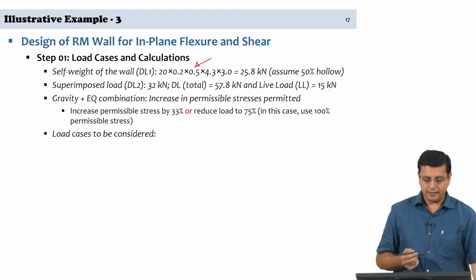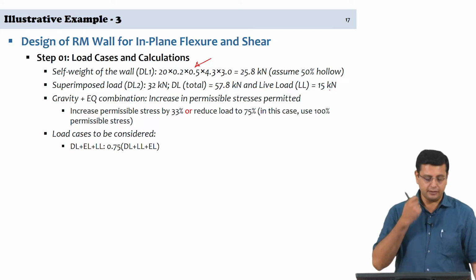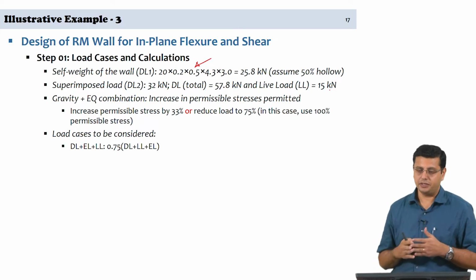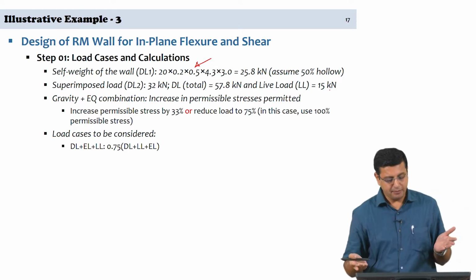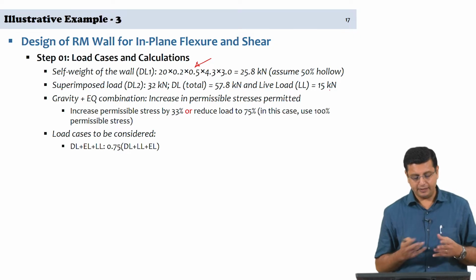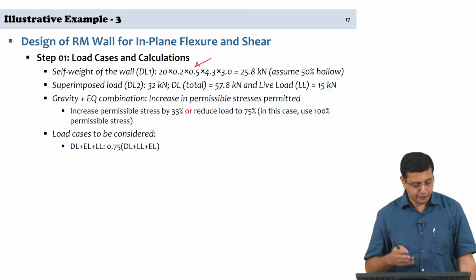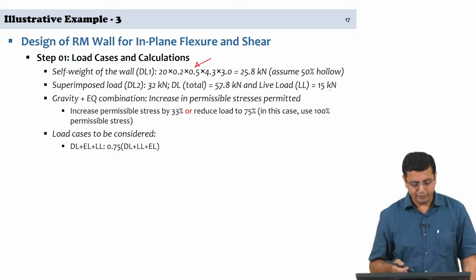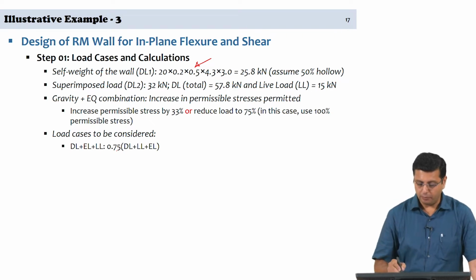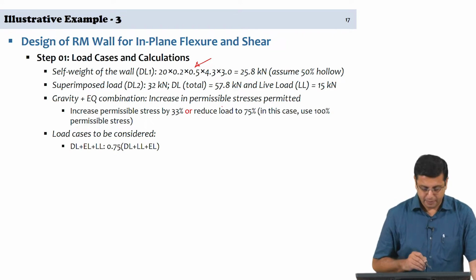What are the load cases we can consider? Typically, these are the two load cases that we should consider. One is a situation where you have the dead load, you have the beneficial effect of the live load, and you have the earthquake load. So, it is the gravity plus earthquake combination, including the positive effect of live load, and we are taking 75% of the load because of the statement that I made earlier.